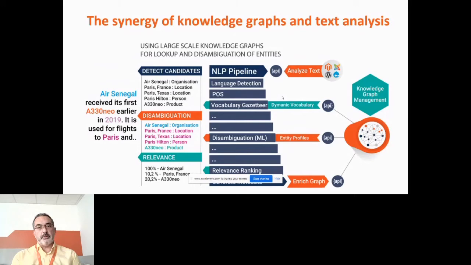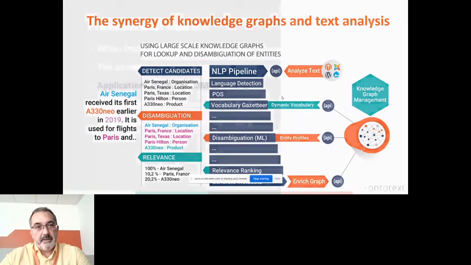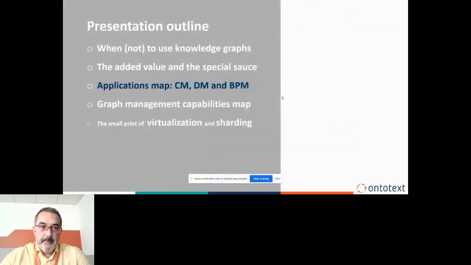That's the kind of knowledge that you can only get from a graph that is big enough and has all the relevant concepts in there connected with their fingerprints, which would allow for good disambiguation. That's the way in which big knowledge graphs can help text analysis, and from there on, we can use this text analysis to enrich the graphs, and that's basically the synergy and the loops around which Ontotext has been working, and we've been perfecting for more than 20 years.